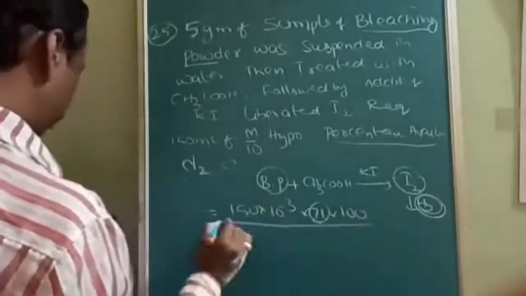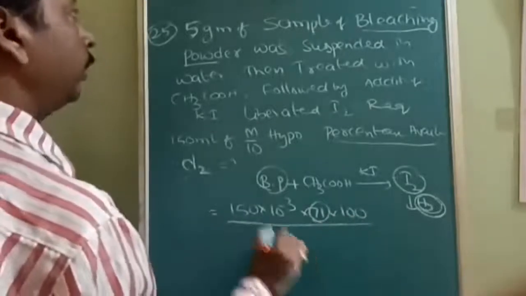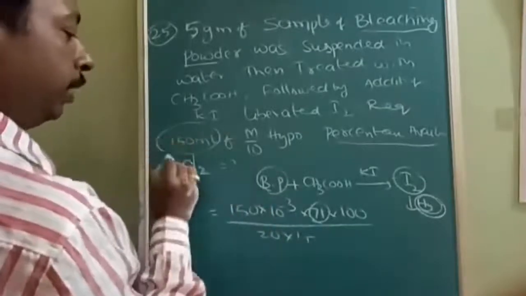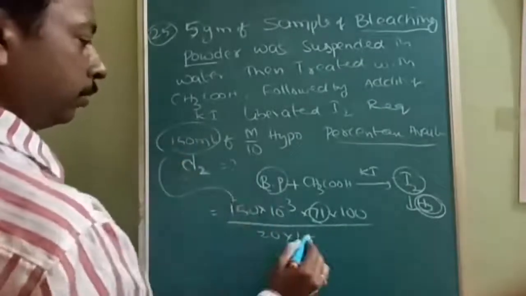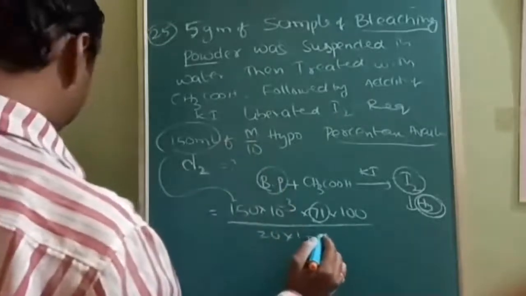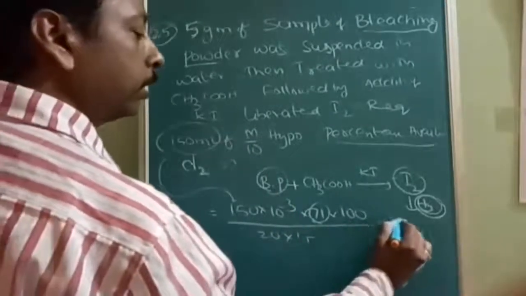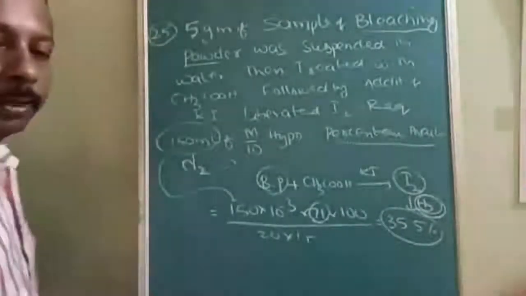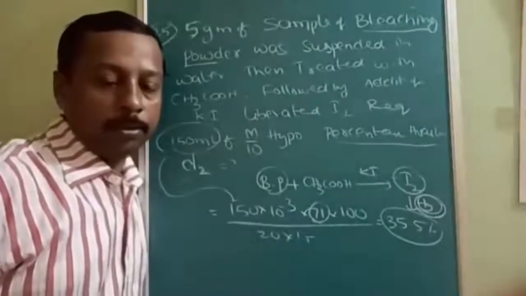The percentage you want, into 100, divided by 20 into 1.5. So 150 milliliter is there, understood? And 5 gram and N by 10. So 1.5. Finally, you will get 35.5%. 35.5% is the available chlorine.